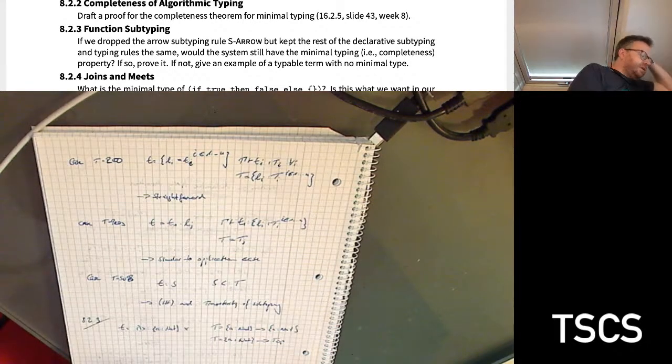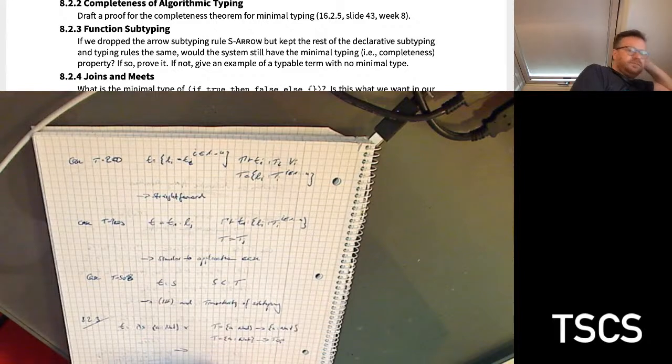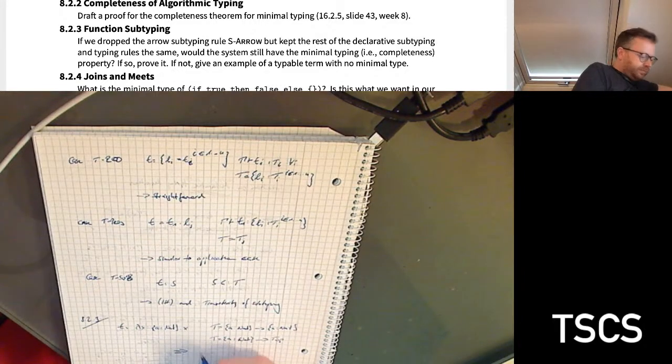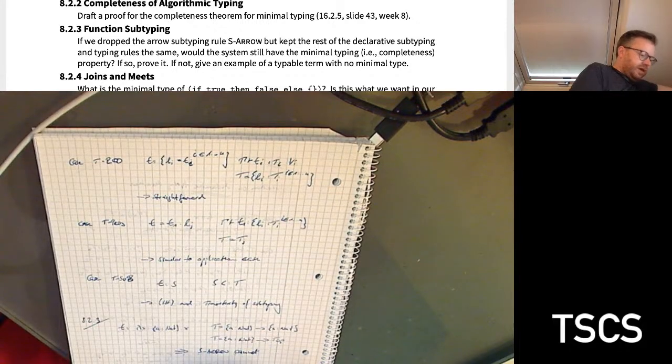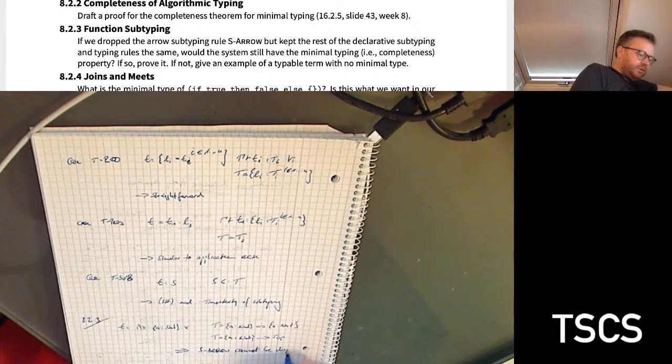So this means we cannot drop it. So this implies S-Arrow cannot be dropped. Good.